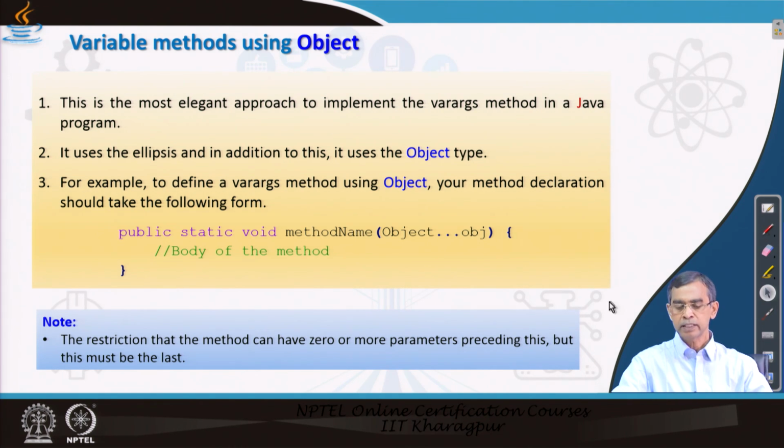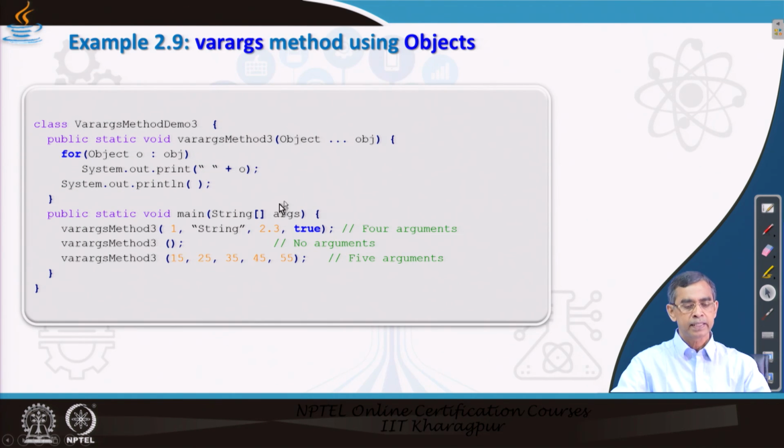This concept can again be illustrated with a simple example. Here is a simple example. Like the previous one, we declare the var arg methods, and here we declare using Object. You can note the difference: we declare the type of the ellipsis as Object.